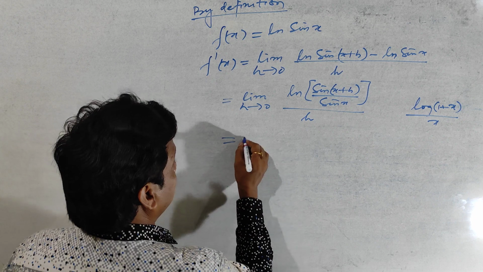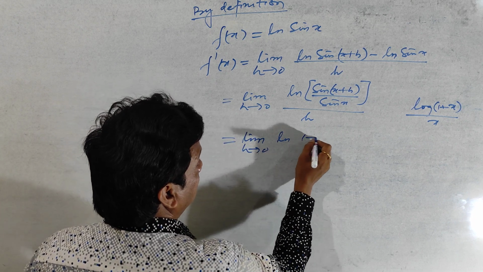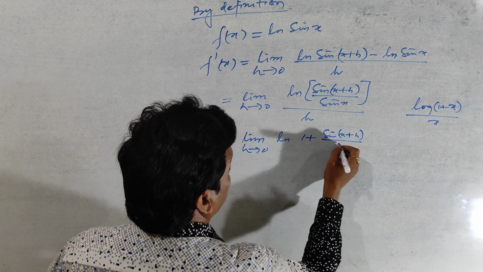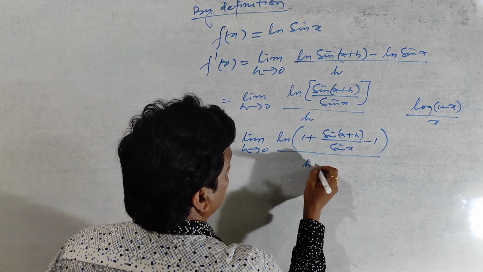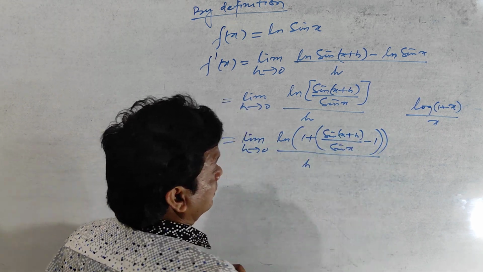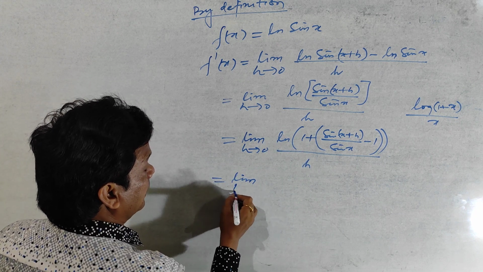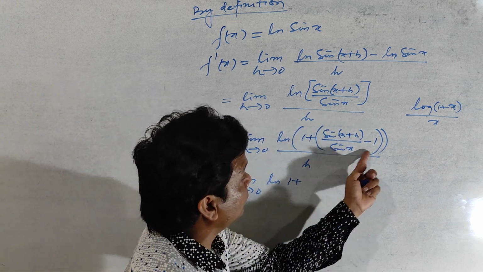So simply, I have already told you, write like this: 1 plus sin x plus h by sin x minus 1, divided by h, and take it as a single factor. Separate 1. So it will become limit h tends to 0 ln of 1 plus. Then simplify this one within the bracket.